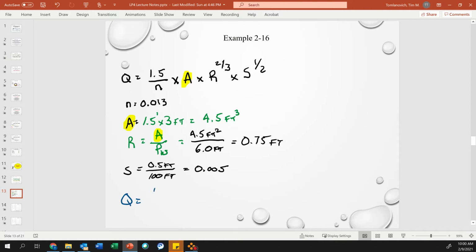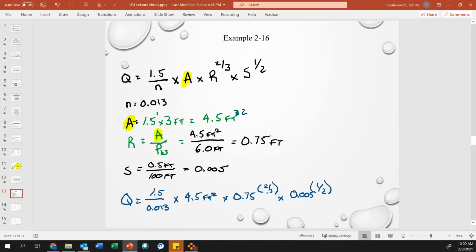Q equals 1.5 divided by 0.013 times 4.5 square feet. Sorry, this isn't cubic feet, this is square feet. Times 0.75 raised to the 2/3 times 0.005 raised to the 1/2.